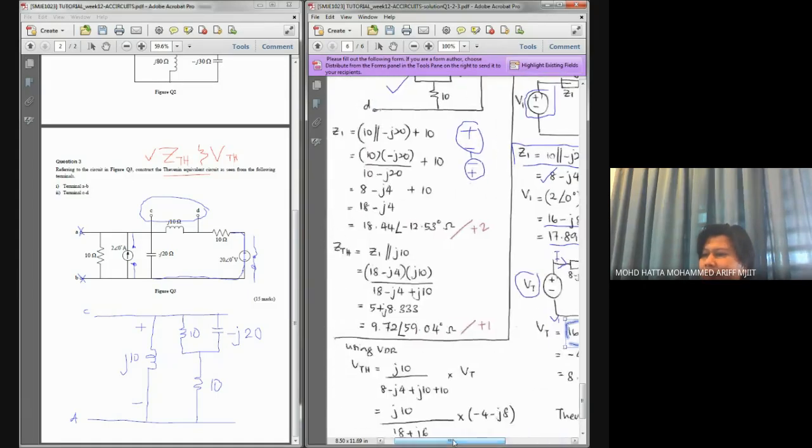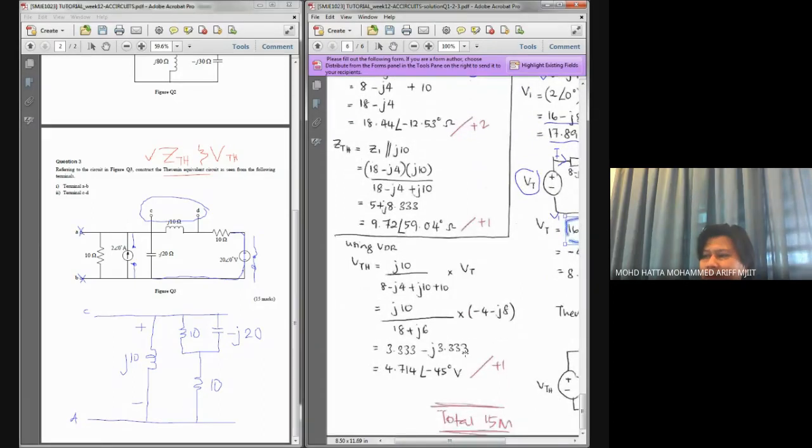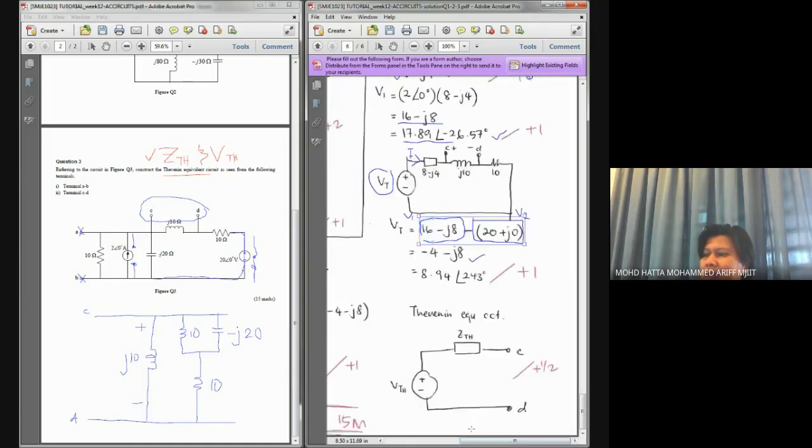In my solution, I use the voltage divider rule, and I think this is the fastest way to get my VTH. And once I get my VTH, as usual, at the end I will come up with the Thevenin equivalent circuit to finalize my answer. So that's the solution for question number 3.